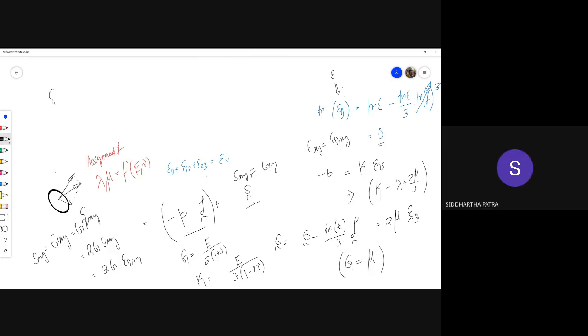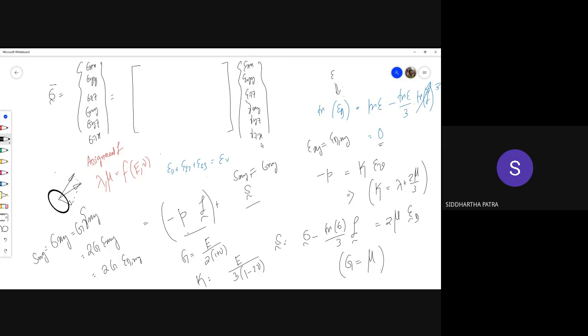Now if I represent stress in Voigt notation, it is 6 components, which equals strain represented in Voigt notation, which is epsilon xx, epsilon yy, epsilon zz, gamma xy, gamma yz, gamma zx.